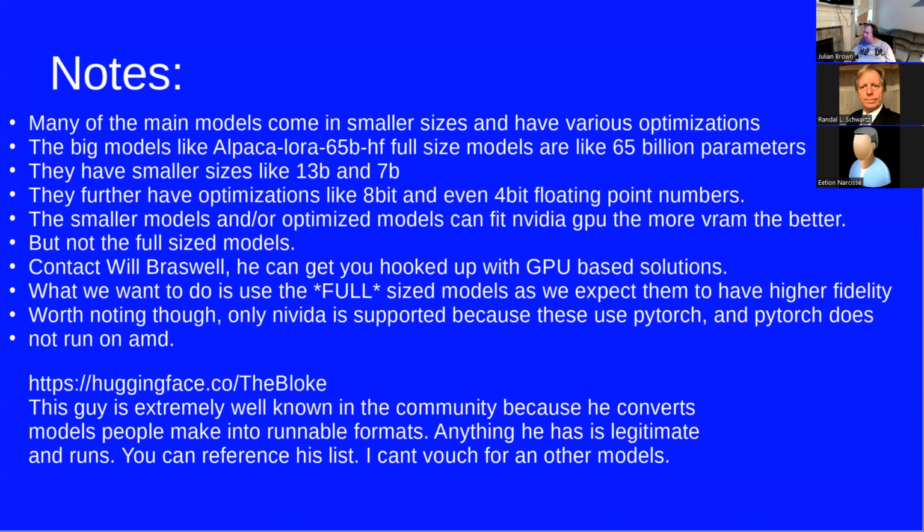Smaller and optimized models can fit in the NVIDIA, but the big ones cannot. And Will Braswell, who's not here tonight, has a solution where you can buy machines with pretty good GPU support to run these models on. Of course, not the biggest ones, but he has that capability, so you can contact him if you're interested.